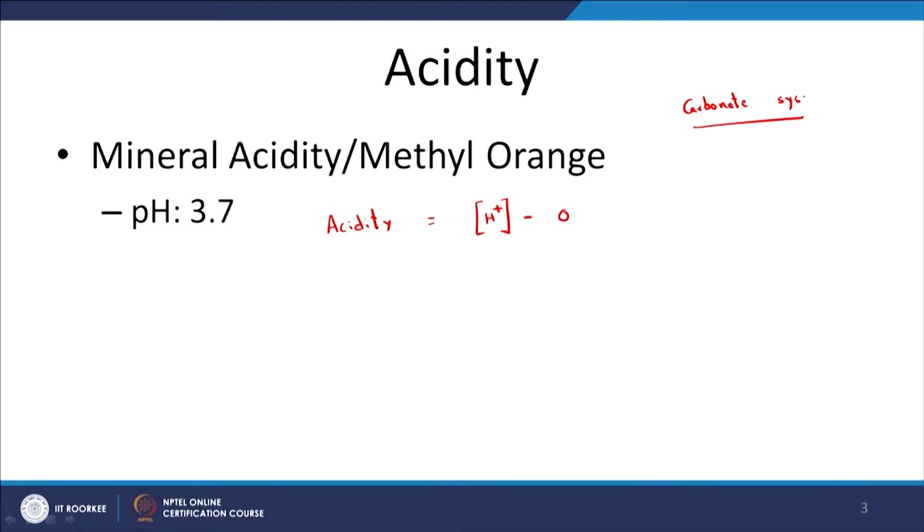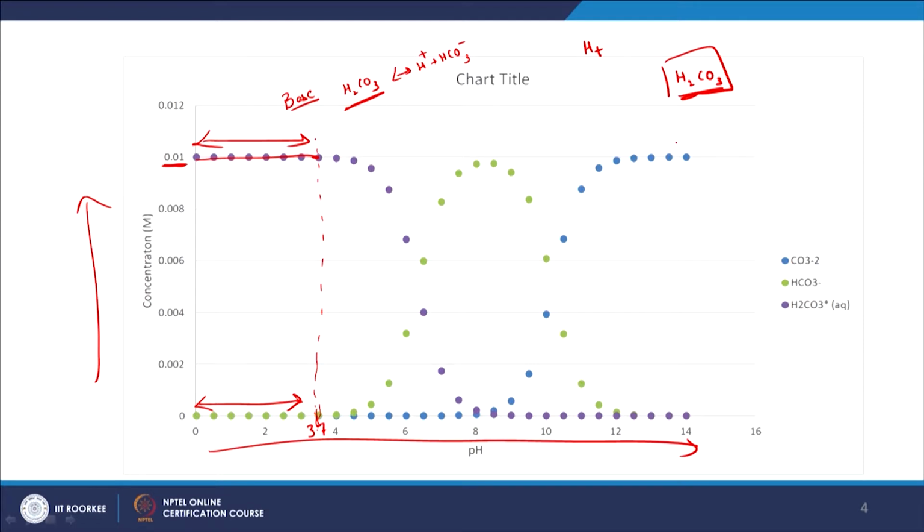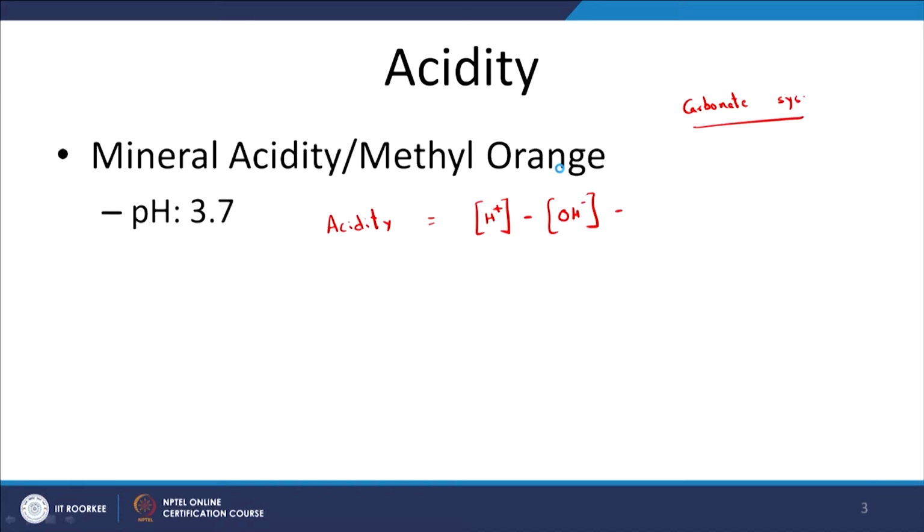So it is going to be OH minus, minus, and what other bases do we look at here? We look at CO3 2 minus and HCO3 minus. HCO3 minus can consume 1 proton, so we are going to have a coefficient of 1 for it. CO3 2 minus can consume 2 protons, right, since the reference is with respect to H2CO3, and that is why we have a coefficient of 2 here.